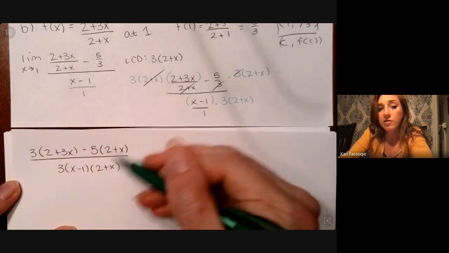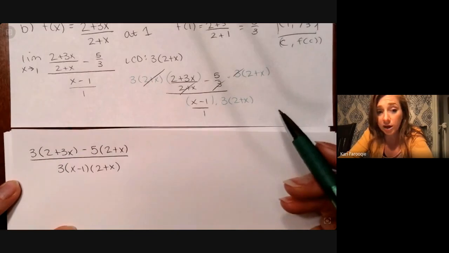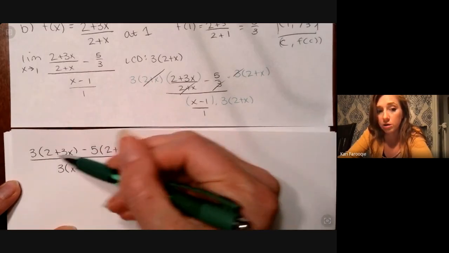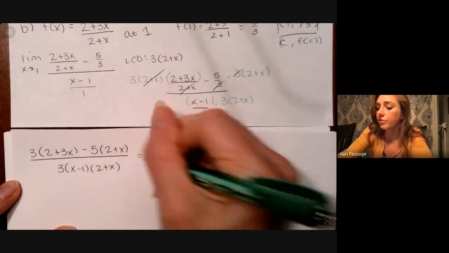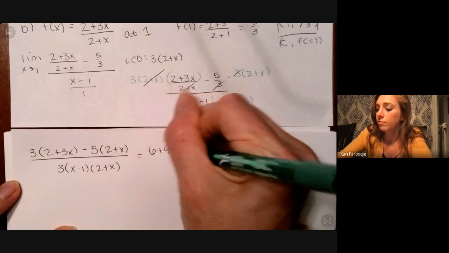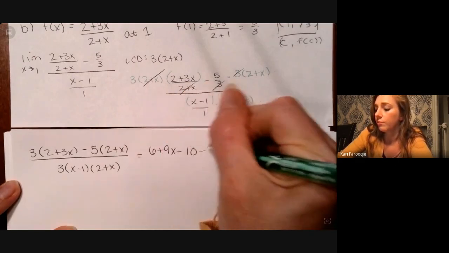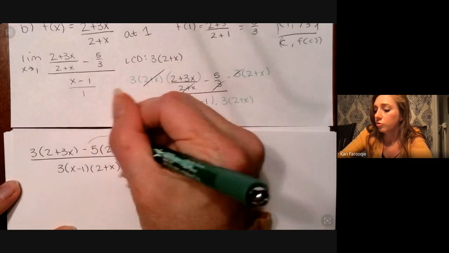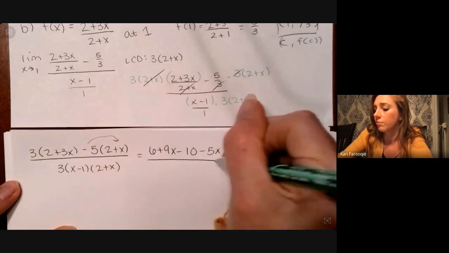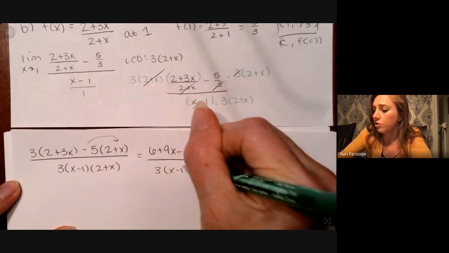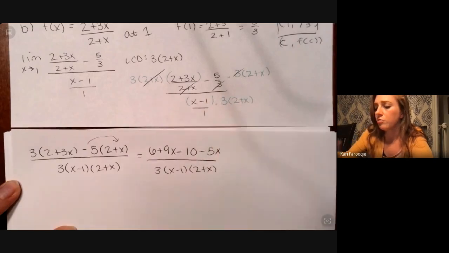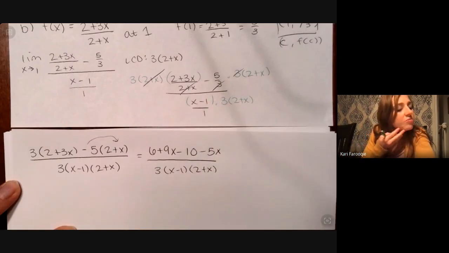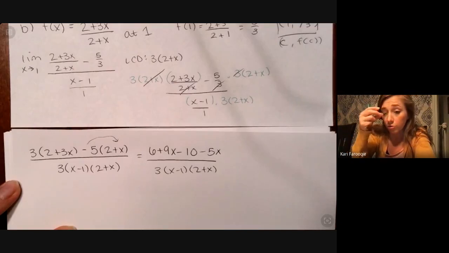Remember, do not cancel out the 2 plus x. You can't do that because you don't have 1 in every single term. You're going to have to distribute and simplify. Don't forget to distribute that negative sign. If I were you, I would leave your denominator factored. My guess is that you're going to get something that's going to end up canceling out once you simplify your numerator.